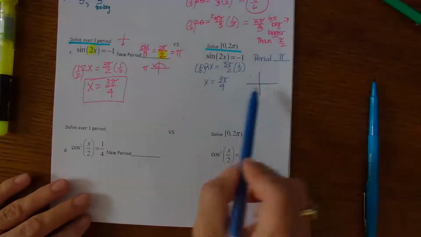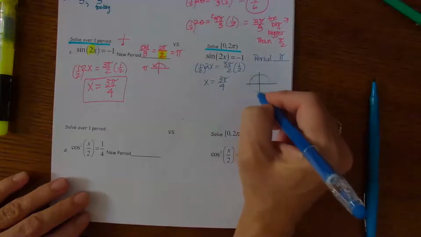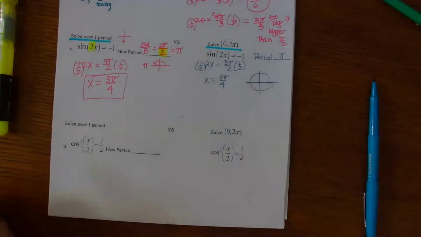So I don't know if I can fit some more in here, because I'm going to go all the way to here this time and look for answers. So what I have to do is take the answer I got and see if I can fit one more sine wave in. How would I know if I could fit one more sine wave in? How do I add another wave?